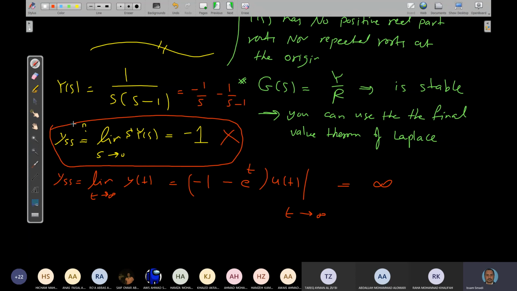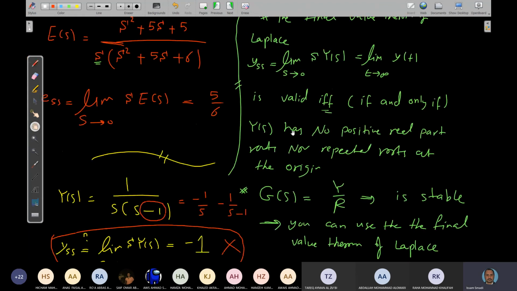Why not valid? Because the system has a root which is located in the right hand side. So if I project the first one here, y of s has no positive root, but y of s has a positive root, so I cannot use it.